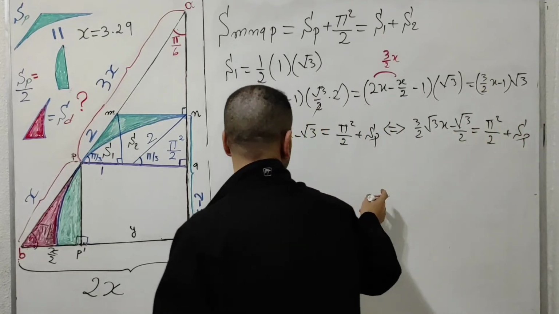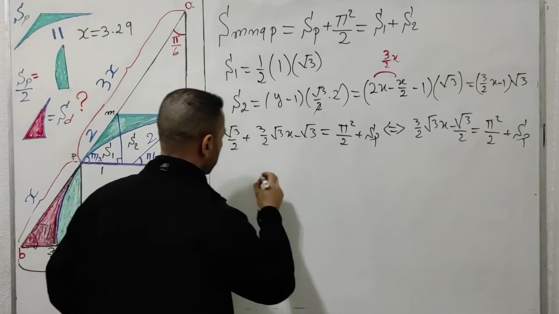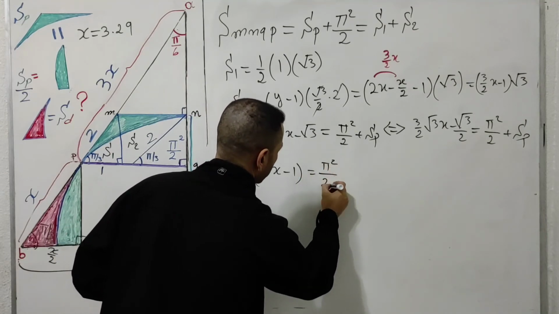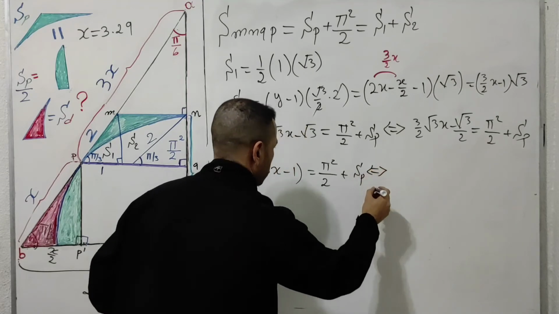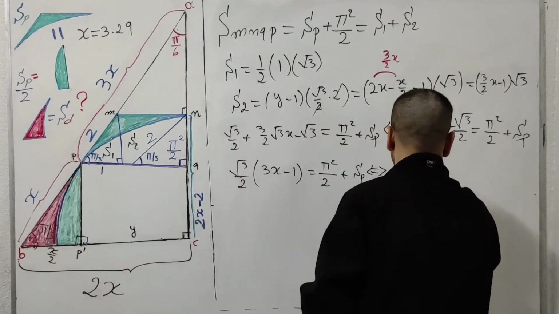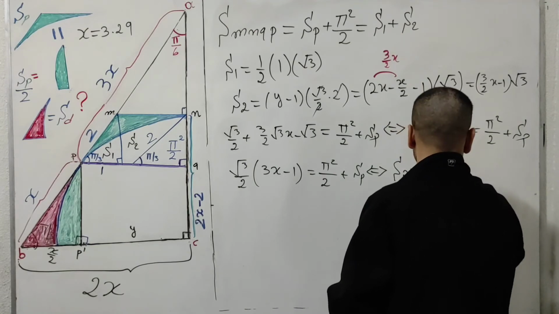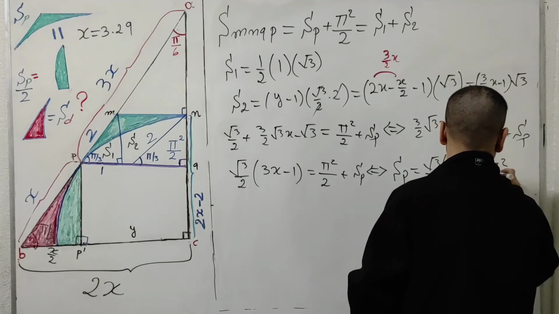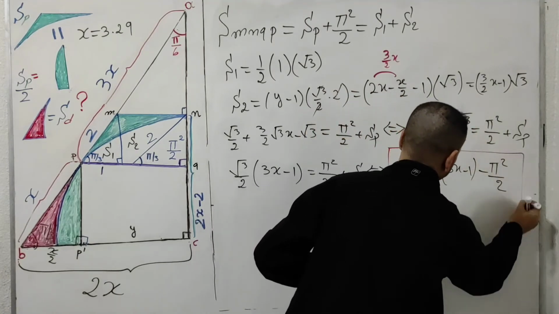Okay, by taking square root of 3 over 2 as a common factor, I will get equal to pi square over 2 plus sp. Equivalently, sp equals square root of 3 over 2 multiplied by 3x minus 1, minus pi square over 2. Here is the first equation.